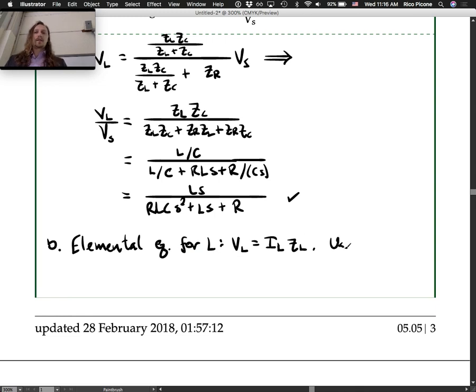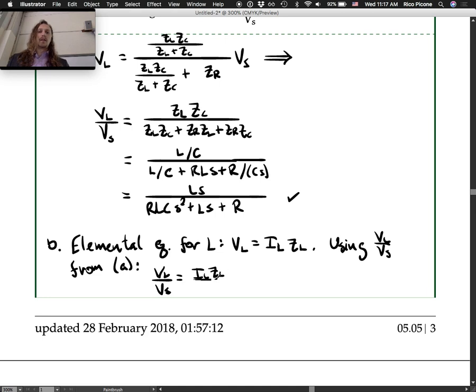So using VL over VS from part A, we have that VL over VS equals, let's just plug this in, IL ZL over VS. So that tells us that IL over VS is equal to 1 over ZL times VL over VS, right?